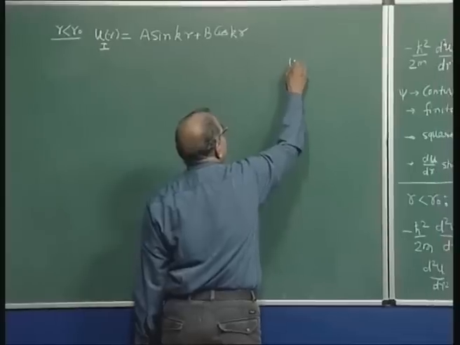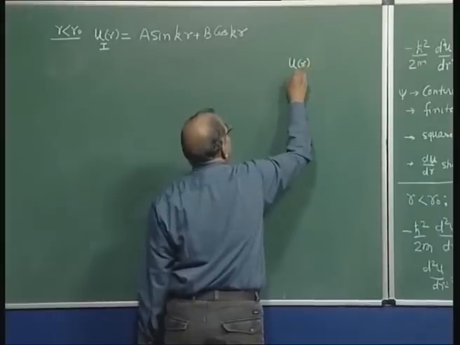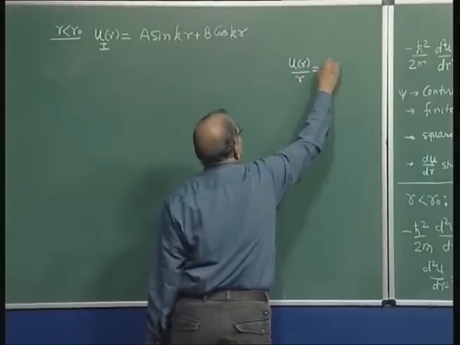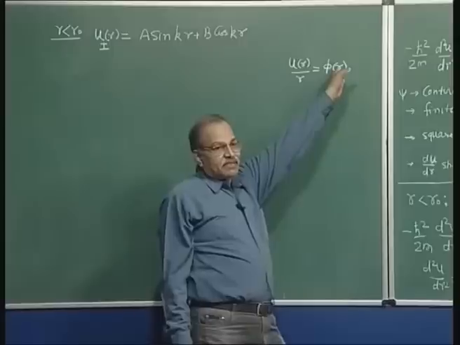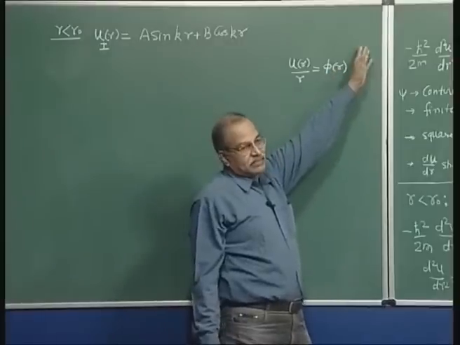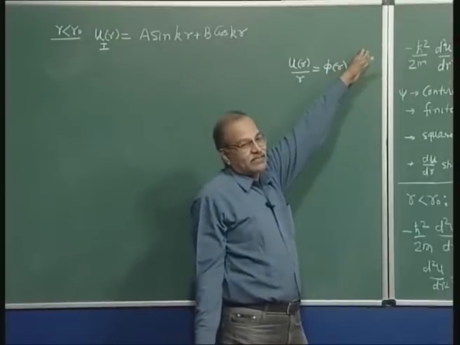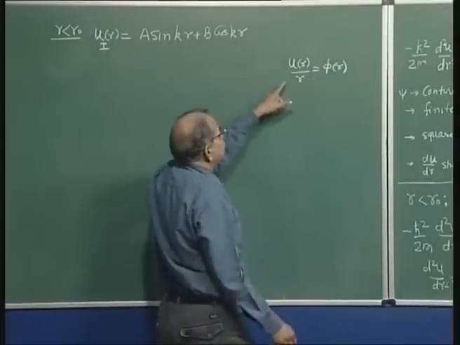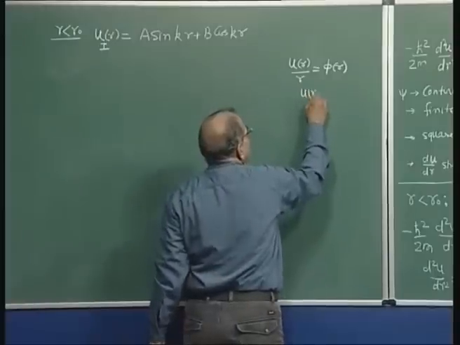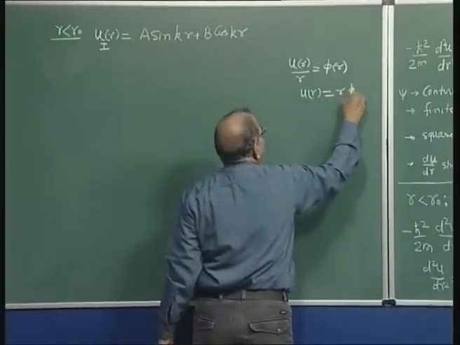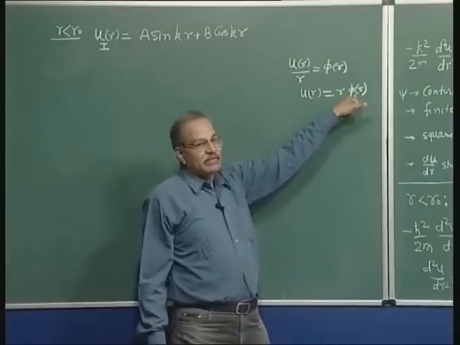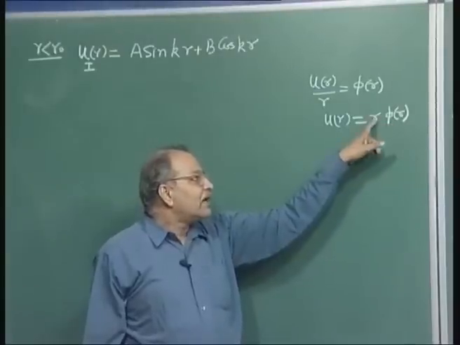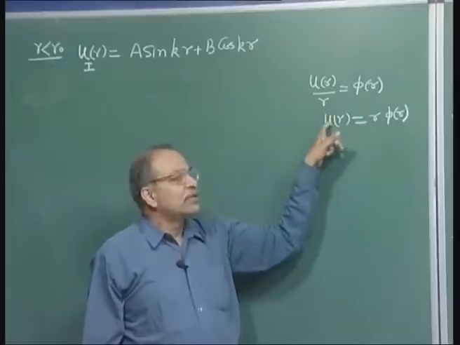And what was u? u of r by r was phi of r, the r part of the wave function, and then you had the theta phi part, which in our case is just a constant. That means u of r is equal to r times phi of r. So if phi is finite everywhere, then at r equal to 0, this u of r should be 0.